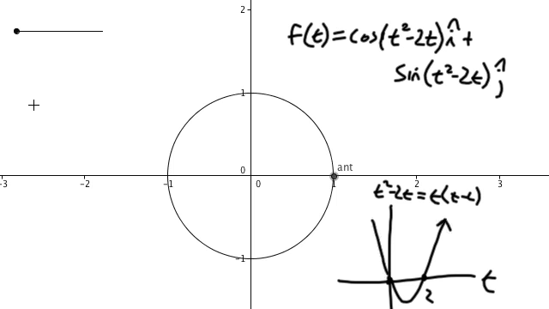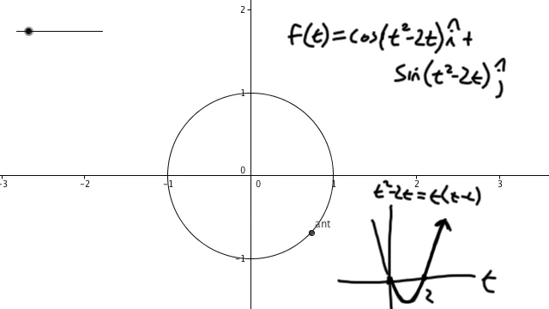It's a parabola. Okay, so what we'd imagine is that as our point starts here, it's going to start by moving backward, actually in the wrong direction. It's going to stop for a second, turn around, come back towards where it started, and then go around the circle. So let's see if that's actually what's going to happen.